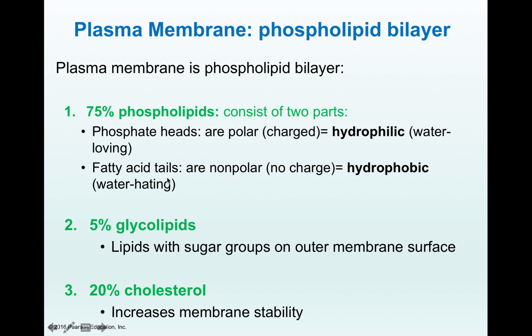The fatty acid tails are the lipid part of your phospholipid. These are non-polar, which means there is no charge. And as the word lipid implies, they do not like to interact with water, so they are considered to be water-hating or hydrophobic, as in they have a phobia, they're afraid of water.